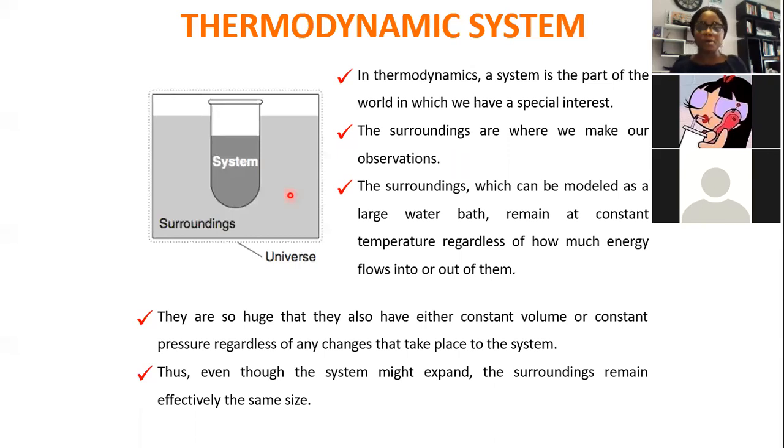The surroundings are where we make our observations. The surroundings, which can be modeled as large water baths, remain at constant temperature regardless of how much energy flows into or out of them. They are so huge that they also have either constant volume or constant pressure, regardless of any changes that take place to the system. Thus, even though the system might expand, the surroundings remain effectively the same size.